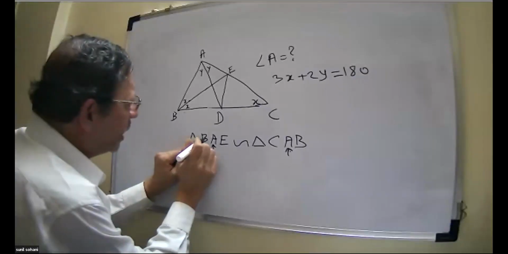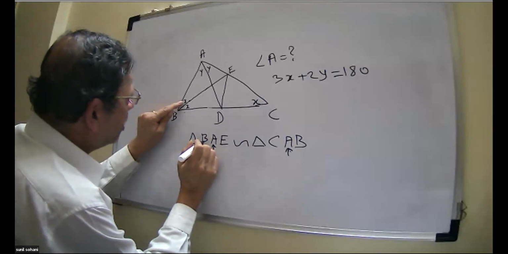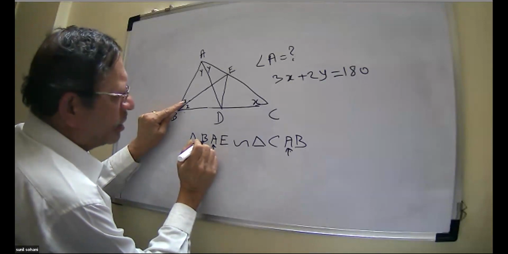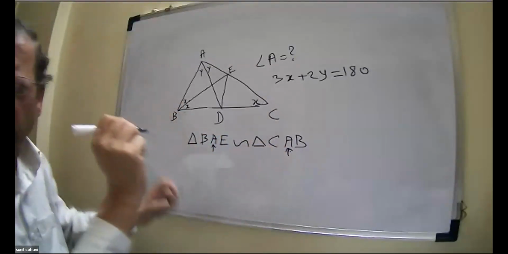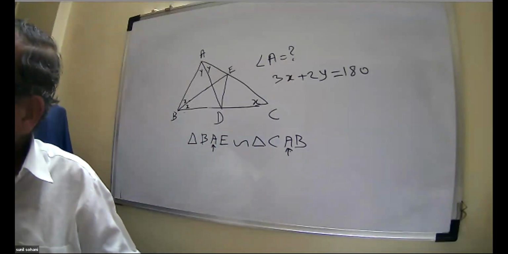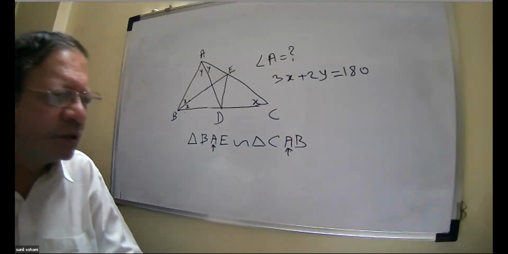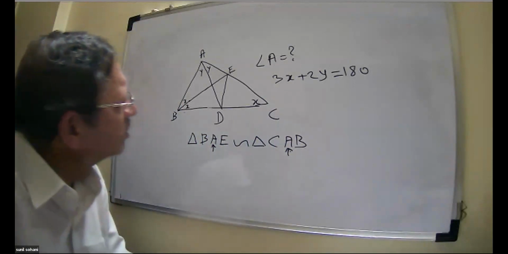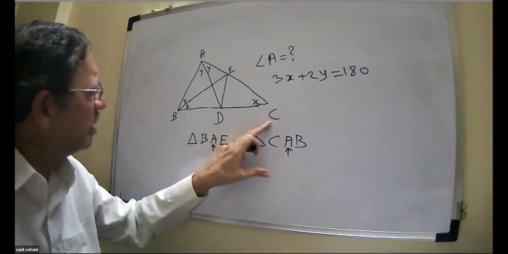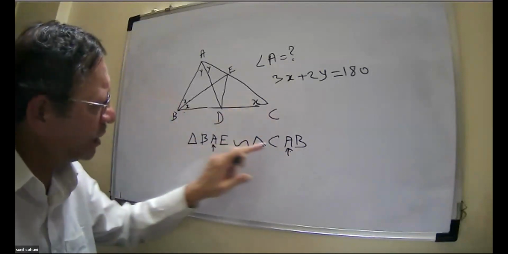Let's look at BAE. Angle B we are talking about here is x, and in CAB, angle C is also x. So you can see angle C is x and angle B is also x in these two triangles.